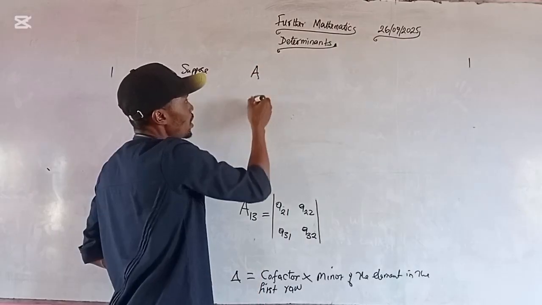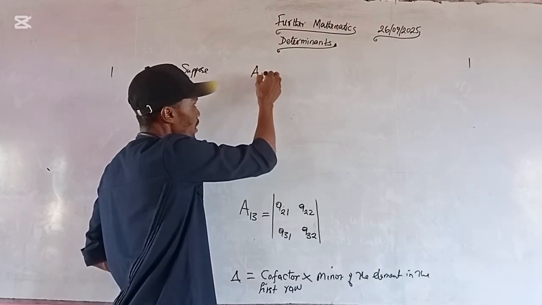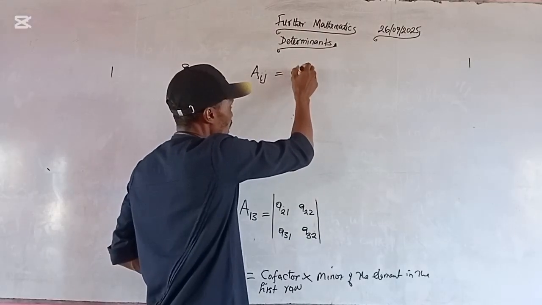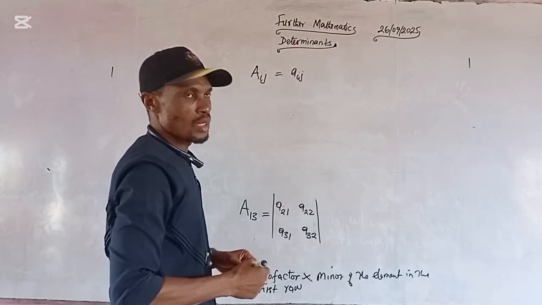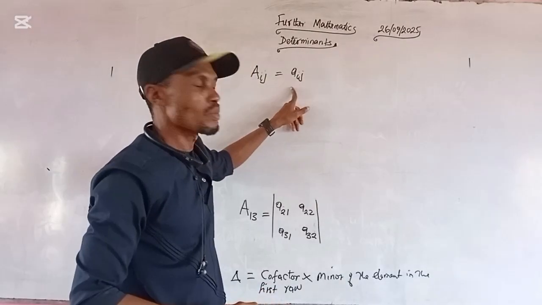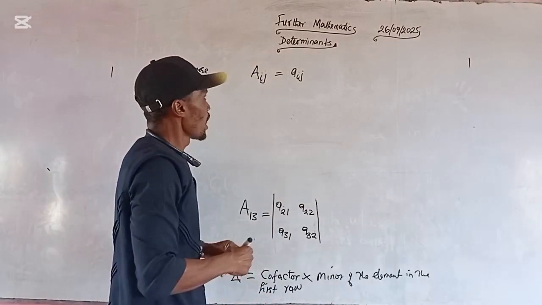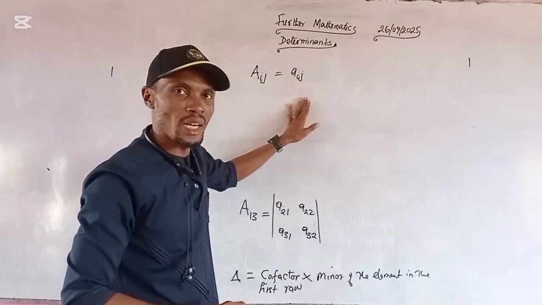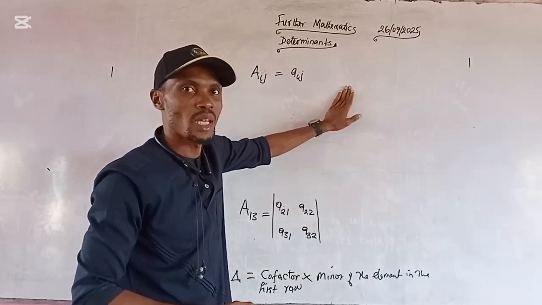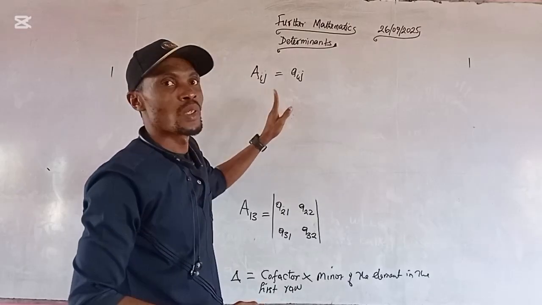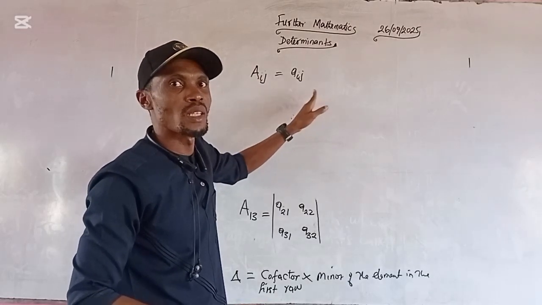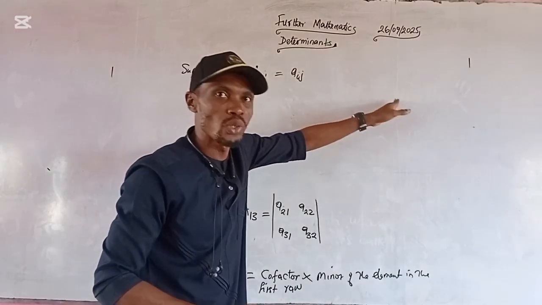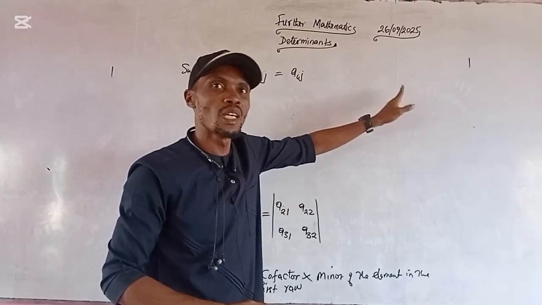Recall that an element is defined by Aij, that is small letter Aij. This means that every element in a matrix is defined by its row and column position. If the sum of the designated address of the element is an even number, assign a positive sign.